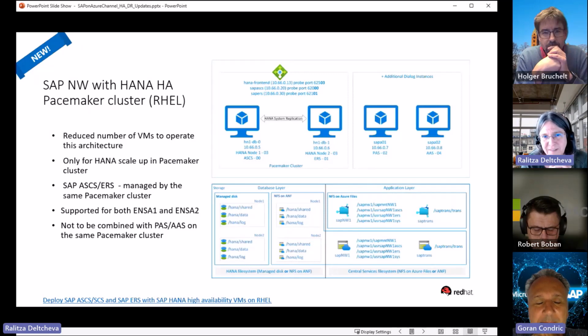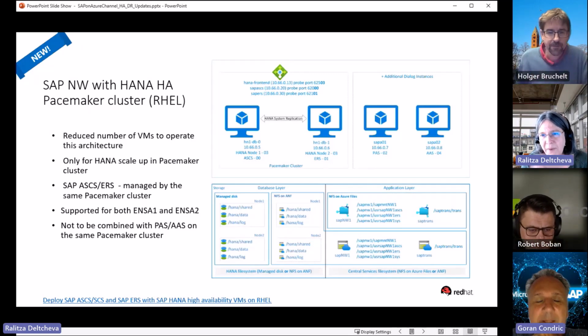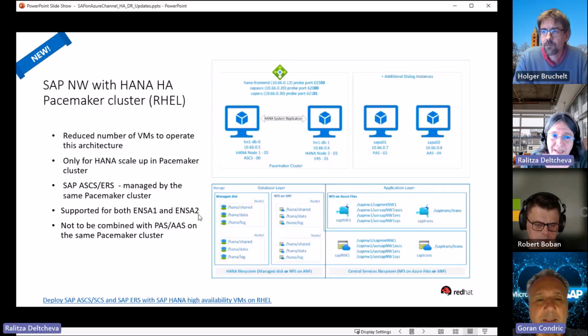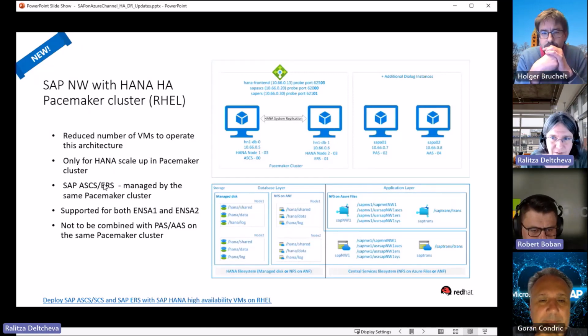So for that reason, we're only supporting it in the configuration where the PAS are running on separate machines. I mean, basically, ASCS is a small processor, so adding to the HANA, okay, it's generally not a big deal from sizing, for example. Yes, ASCS and ERS are rather lightweight services.